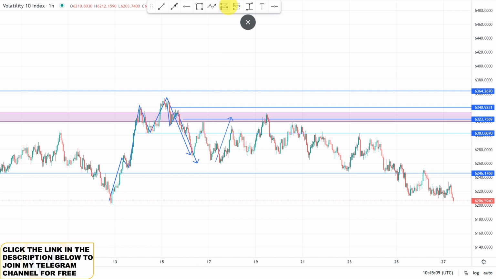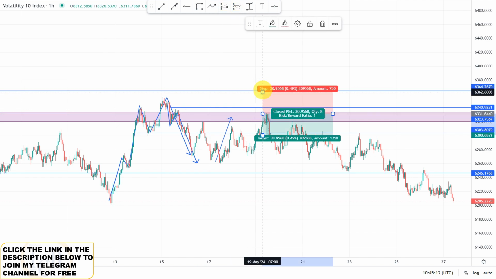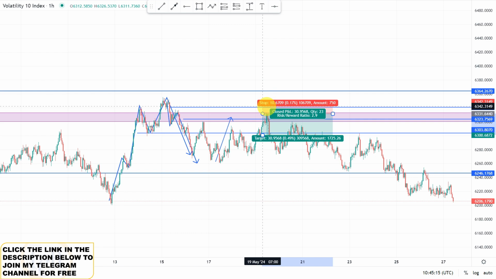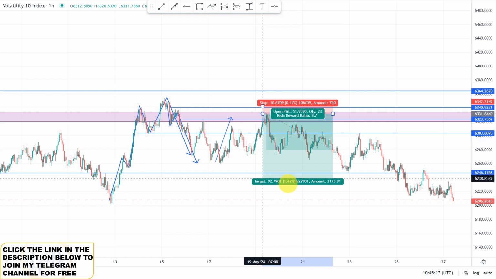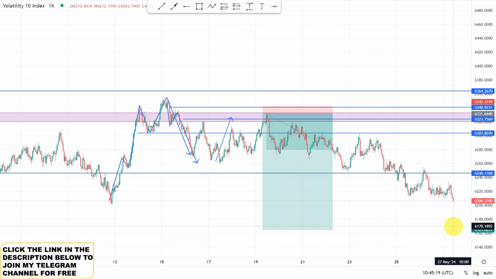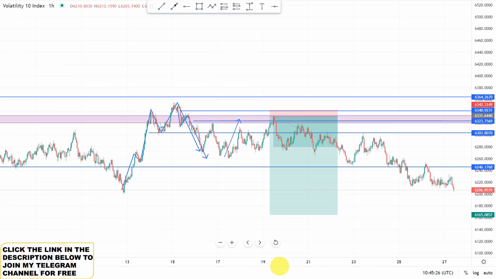And as you can see, it was almost a sniper entry, one might say. The risk was so minimal, and look at all the pips that we got on this trade. It's approaching TP right now. Only a few pips and the TP will be hit.